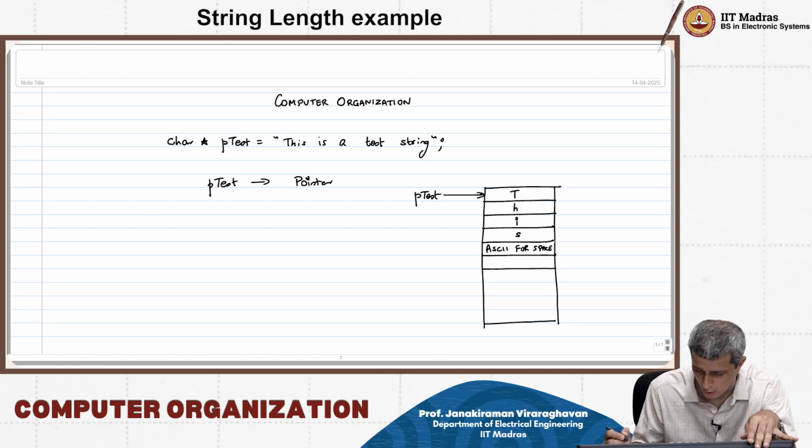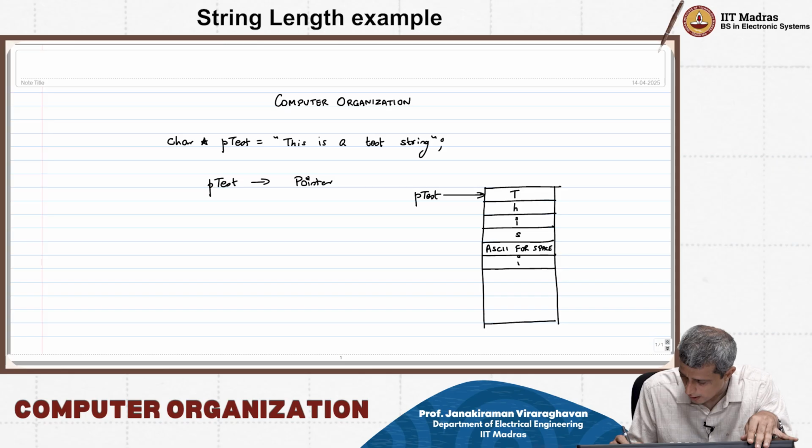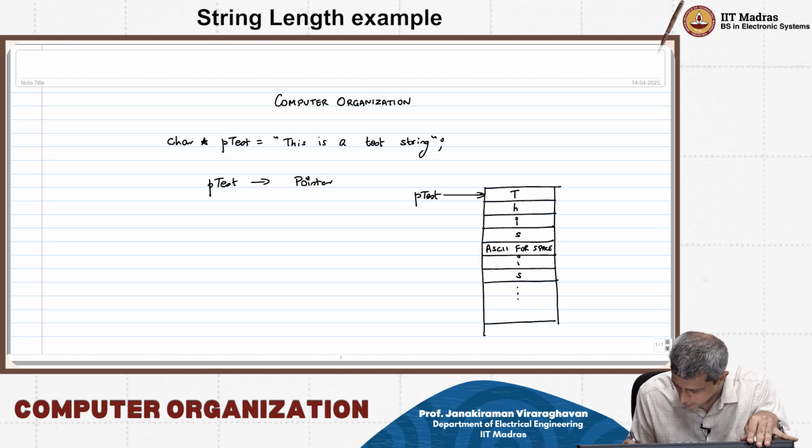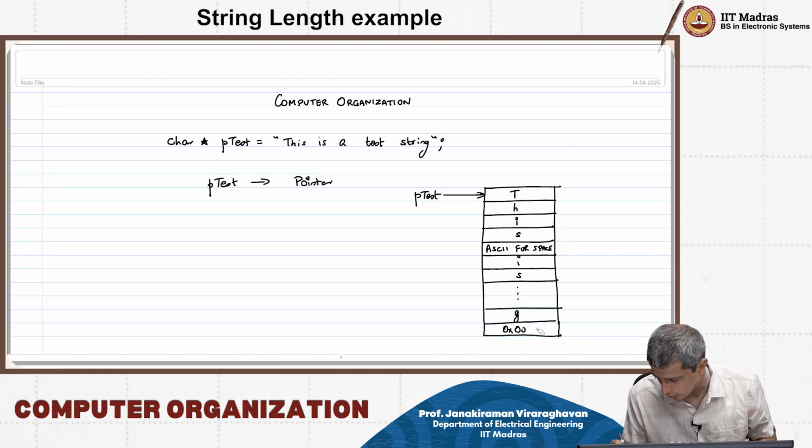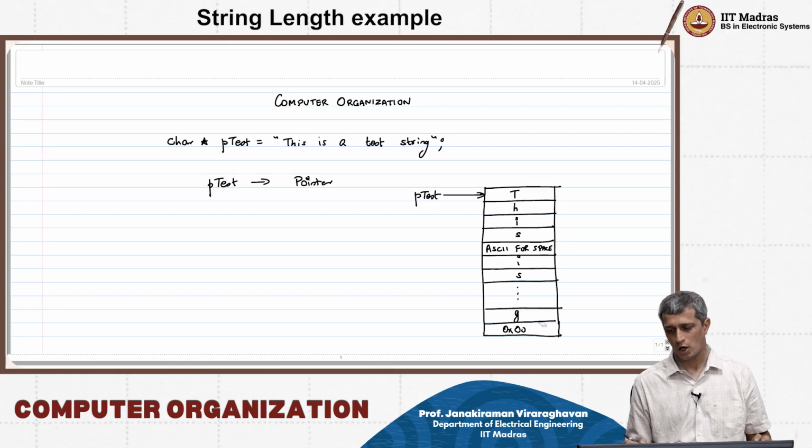Then you will have i, s, and like that it will go on, eventually you will hit string g, and then you will hit 0x00, because it's a byte, not 32 bits.